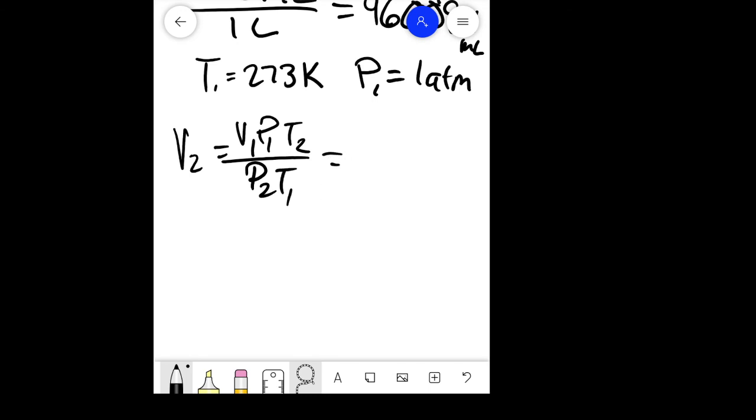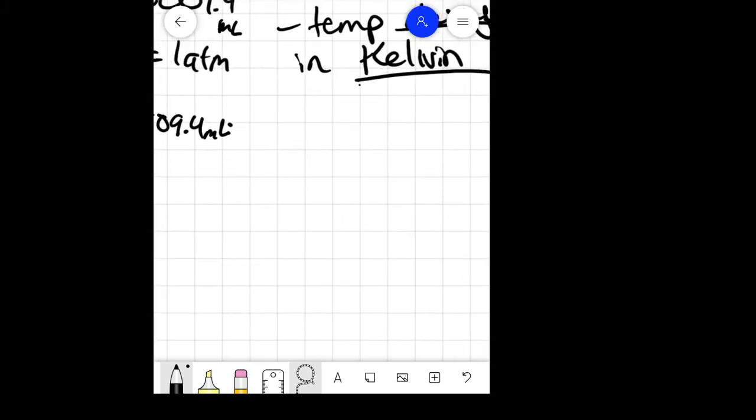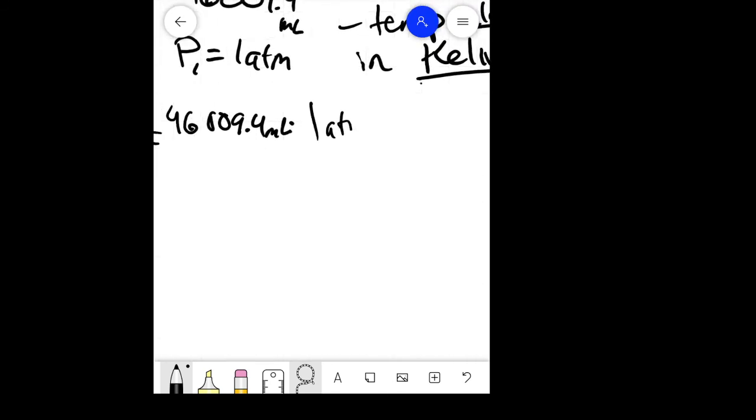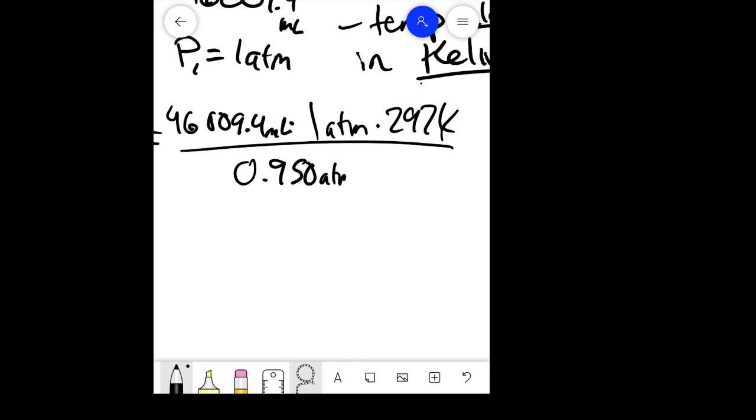So now you just plug all the numbers in. You plug in that amount in milliliters we found from the stoichiometry, times the standard atmosphere, times the original temperature in Kelvin, 297, over the pressure from the problem times our standard temperature.